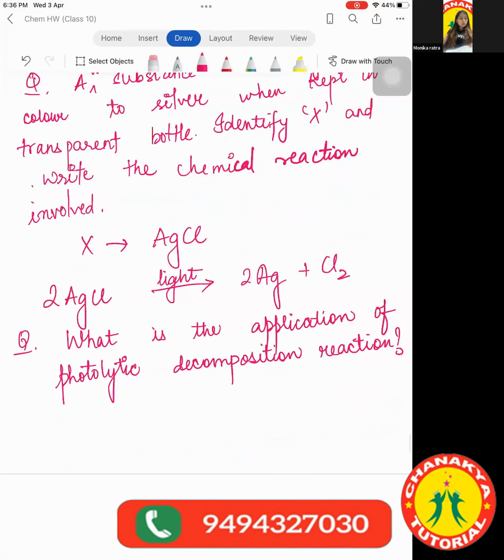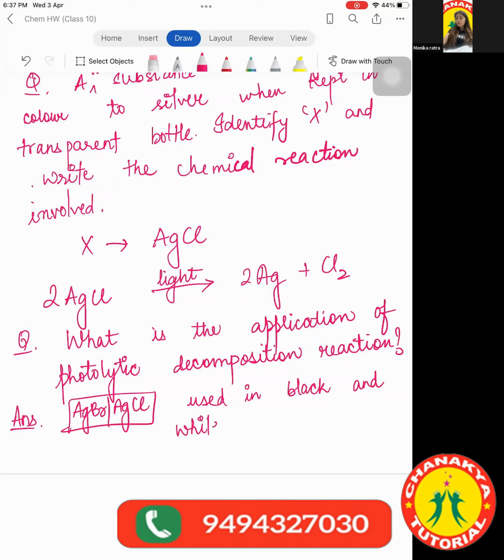The application means where this reaction is used. This reaction of the breaking down of AgBr or AgCl was used in black and white photography.